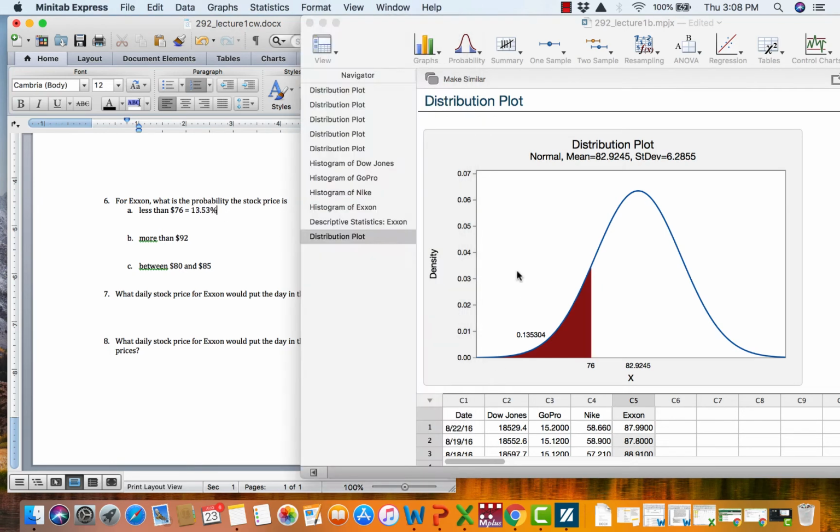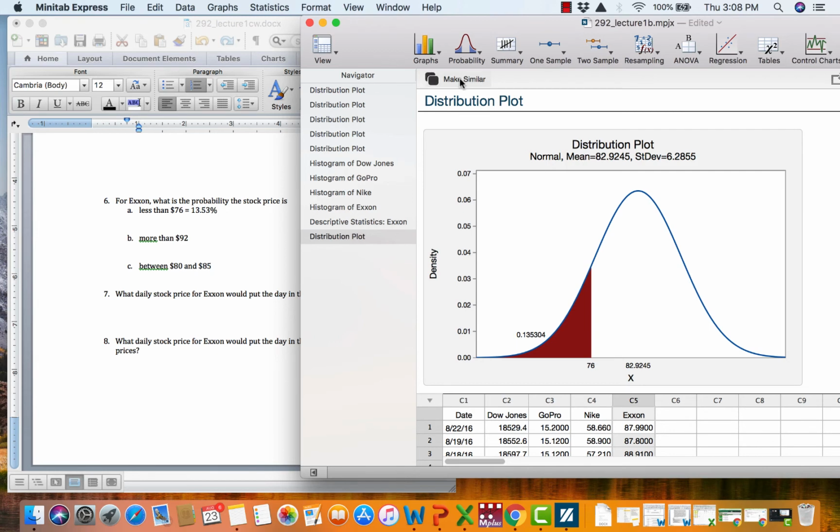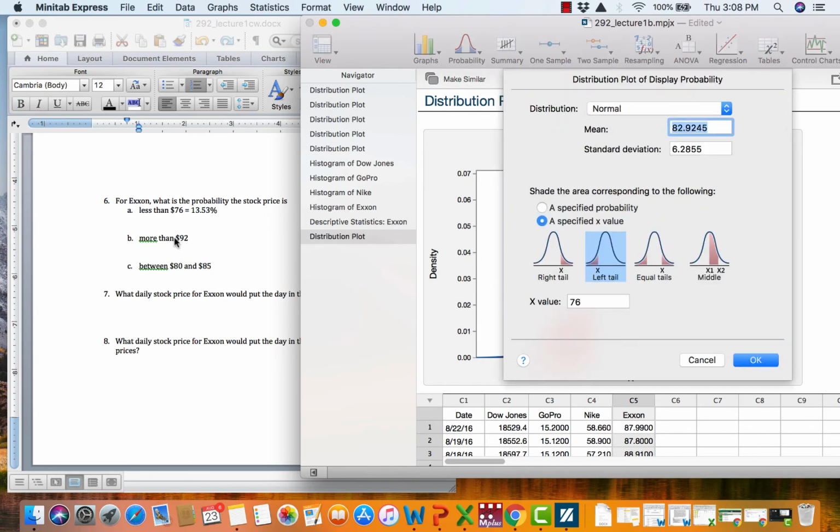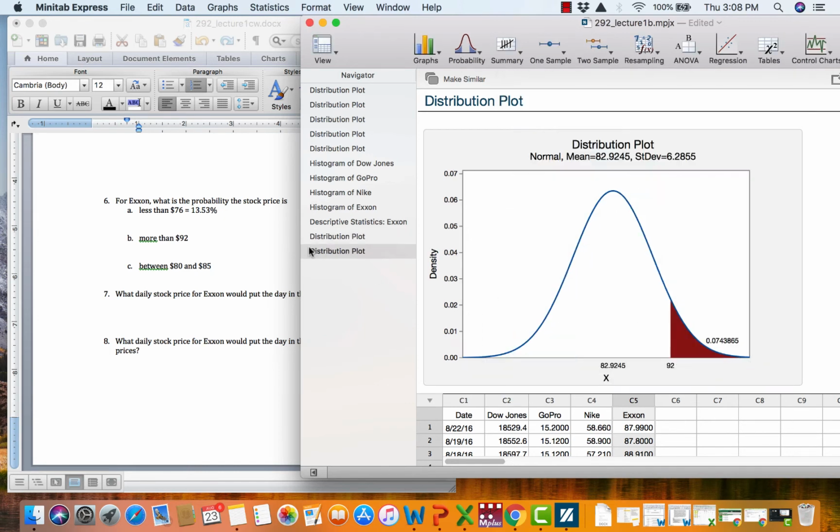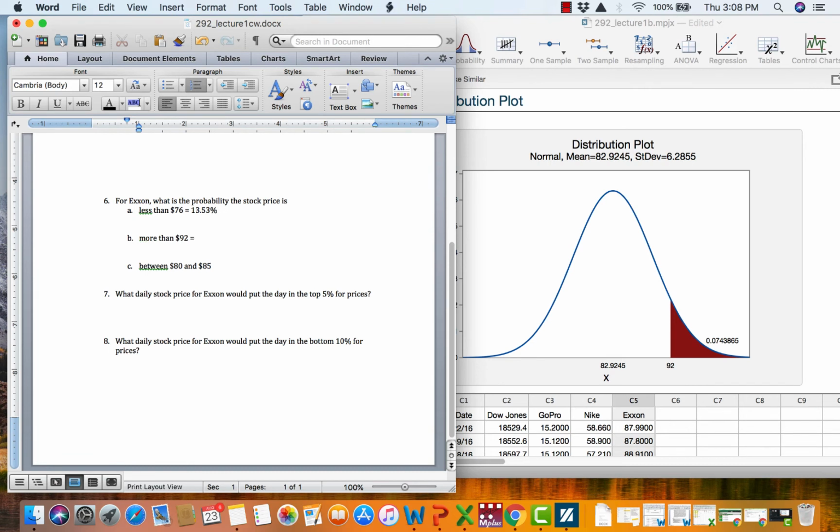And what we see here is that our probability is 13.53%. We want to do the same thing with make similar for more than 92, so that's a right tail on $92, and we get that probability is 7.44%.